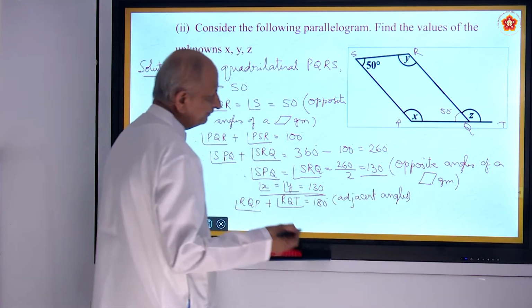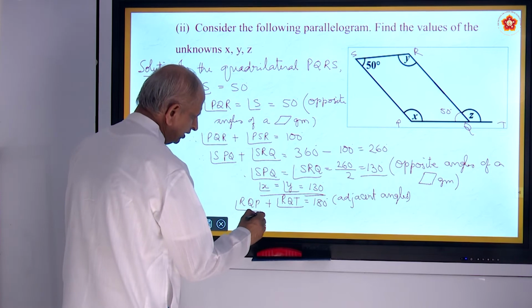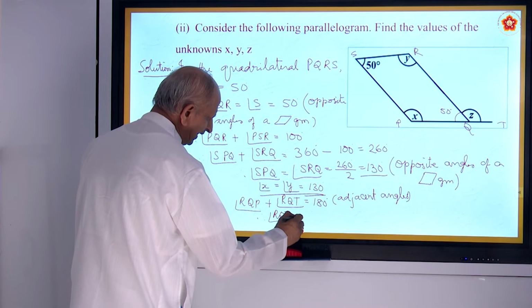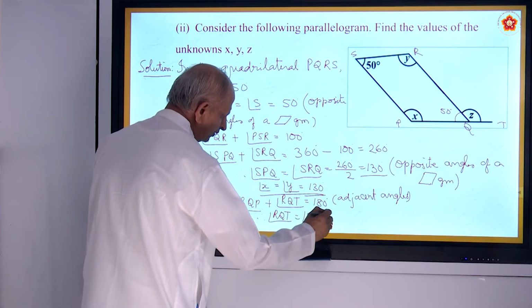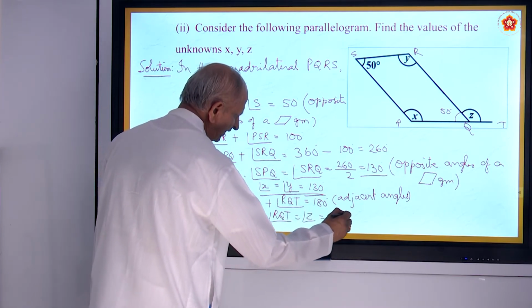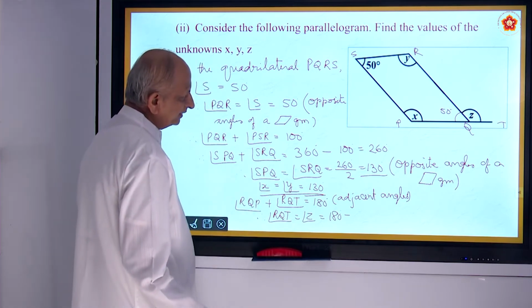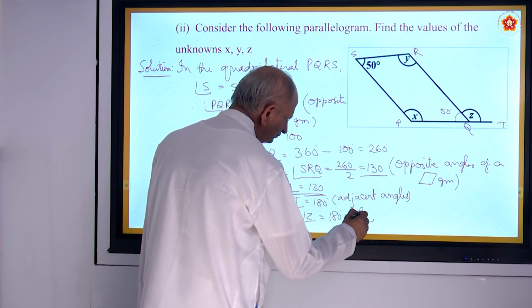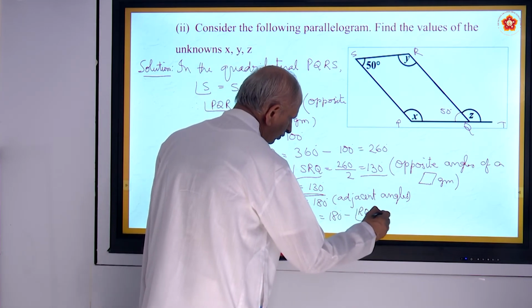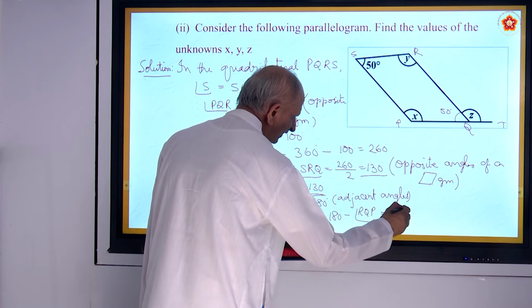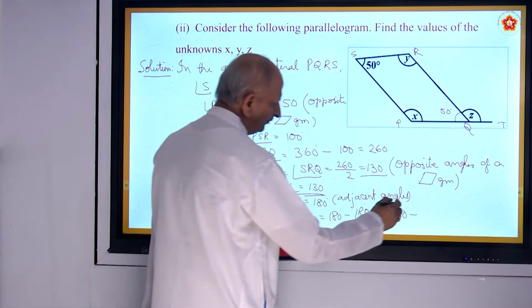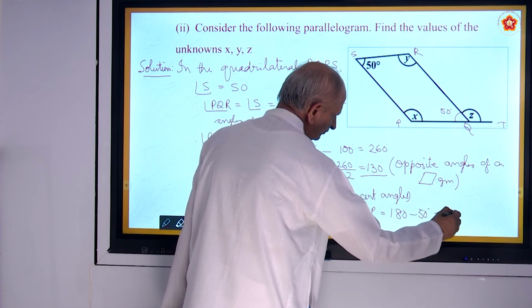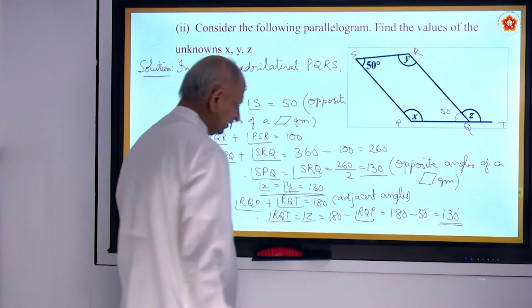And lastly, therefore, RQT, which is nothing but angle Z, is equal to 180 minus the interior angle RQP. So, 180 minus what is RQP? 50, that is 130 degrees. So, that is the third result, the third angle.